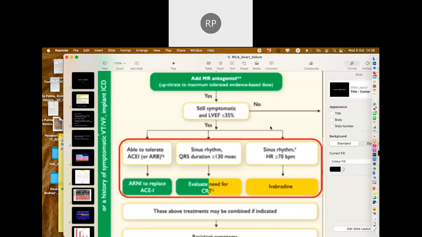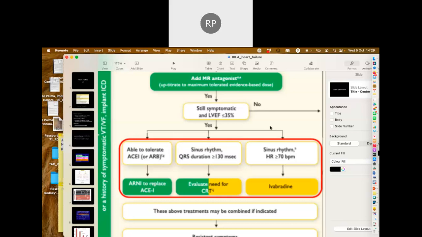Equally, if they have an uncontrolled arrhythmia such as atrial fibrillation, then you'd have to think about whether that A needed to be rate controlled, B whether that needed to be cardioverted in order to treat a tachycardiomyopathy.